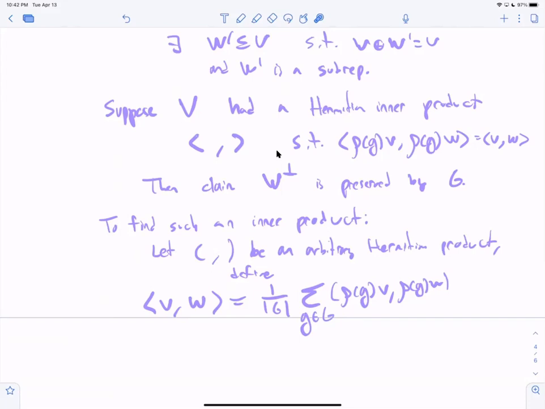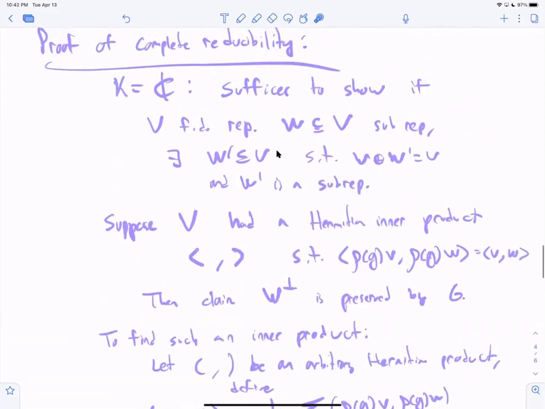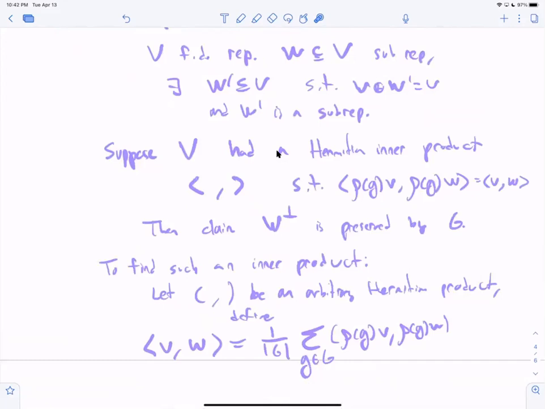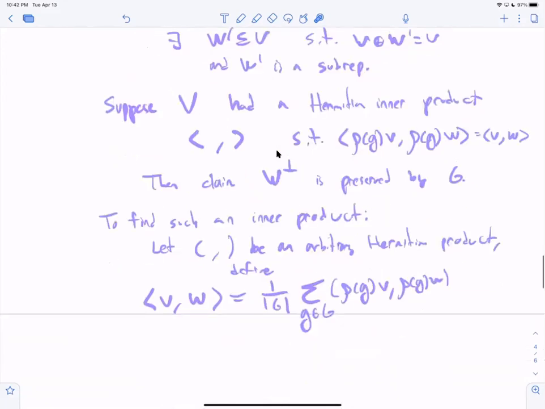I mean, you won't have destroyed positivity or anything. Okay, and so that completes the proof. You use an invariant inner product to produce complementary subspaces that are subrepresentations, and to get an invariant inner product, you just average any inner product. So it's a nice argument.